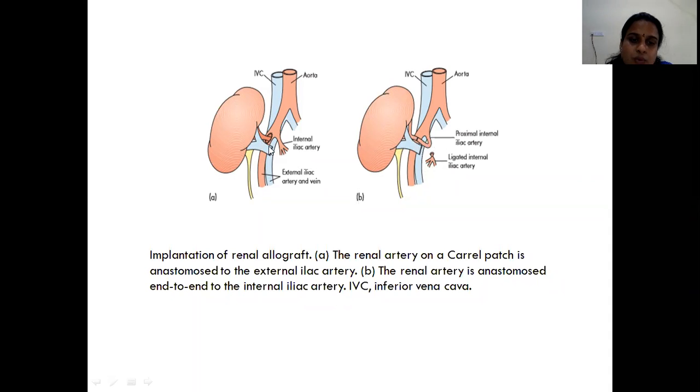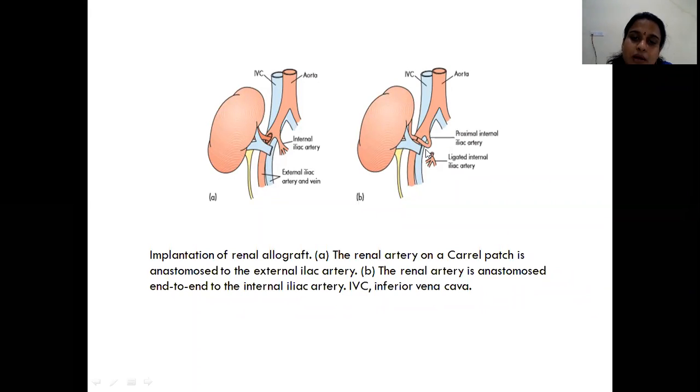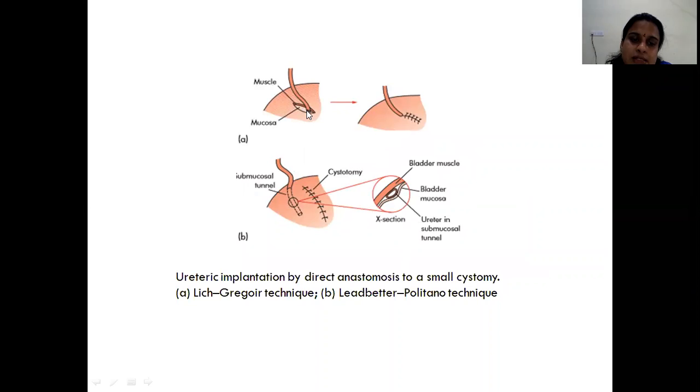Next, the renal vein is anastomosed to the external iliac vein, or usually in higher cases you can also anastomose to the inferior vena cava. Okay. Next, ureteric anastomosis. I told you it is a mucosa to mucosal anastomosis with a muscular tunneling.